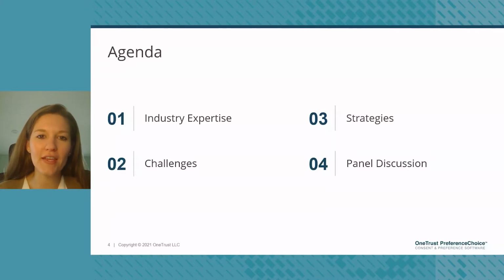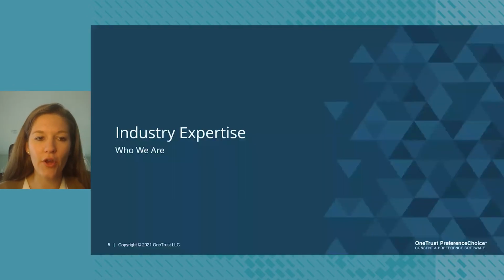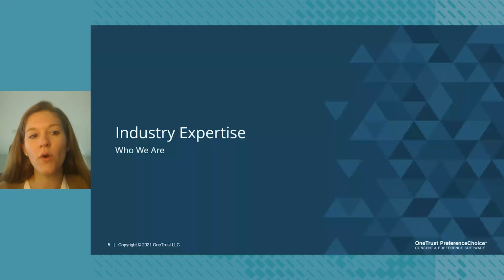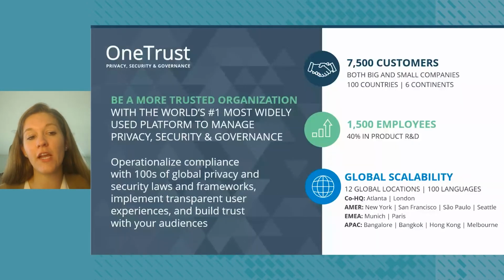Okay, so to kick things off and frame things up a little bit, I'll share a brief background on who OneTrust is so you can appreciate where we're coming from in this landscape. OneTrust is a producer of technology used by organizations for privacy, security, and governance. This includes our technology around transparency and consent and our consent management platform, or CMP for short.